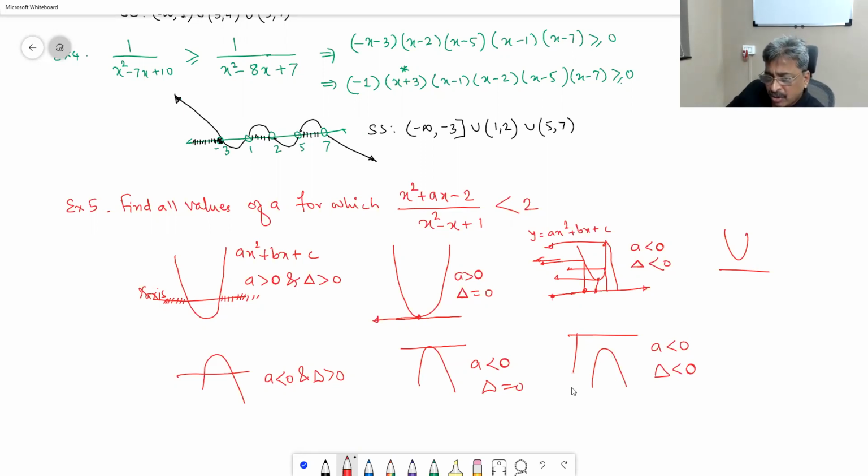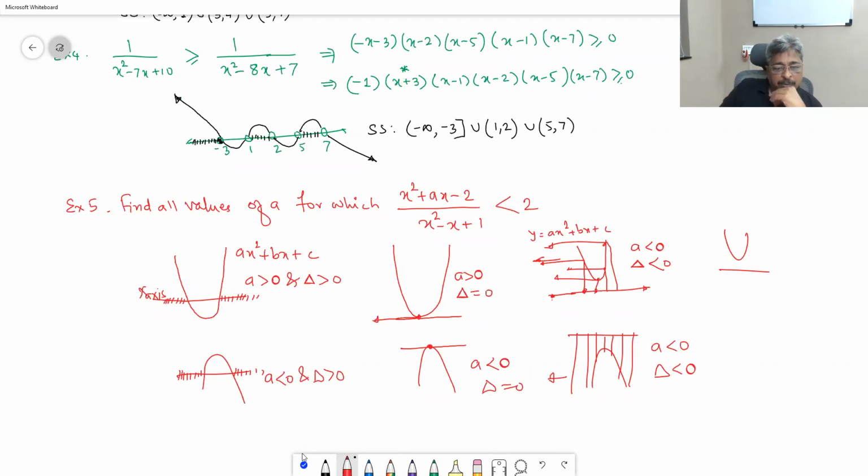For every value of x that you take, the y value is going to be less than 0. For every value of x except this point, the y value will be less than 0. And for these values of x, the y value will be less than 0. That is the meaning of these 6 graphs, and they are extremely important. Everywhere you will come across an understanding of these 6 graphs.